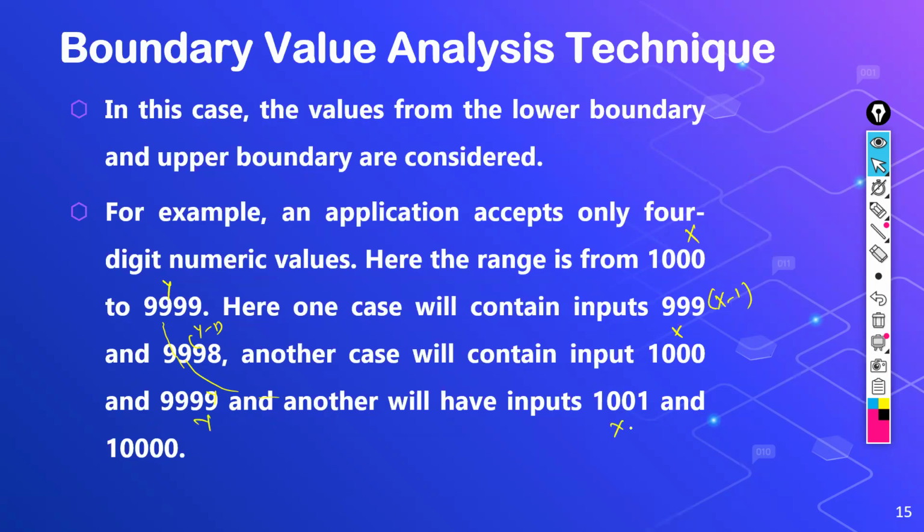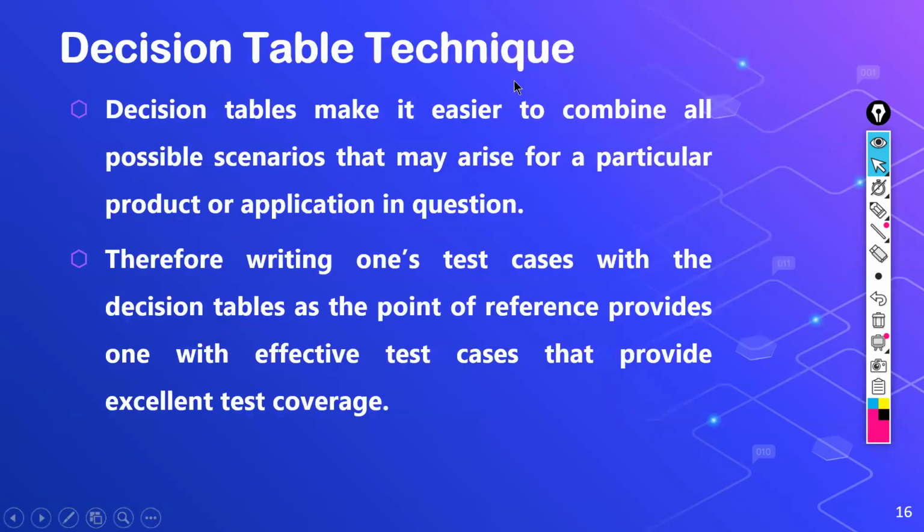So this is how we got 6 values for 3 partitions. That is your equivalence partitioning and boundary value analysis. I have shared this document with you. There are other techniques as well, but we'll discuss that in our next session.